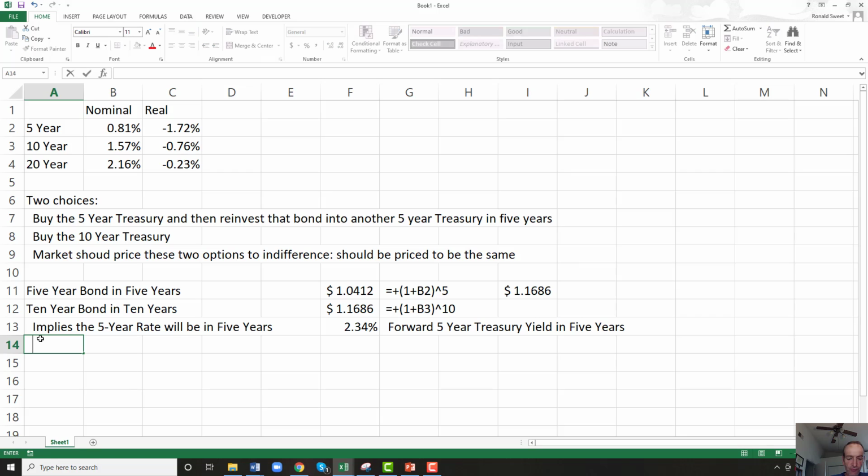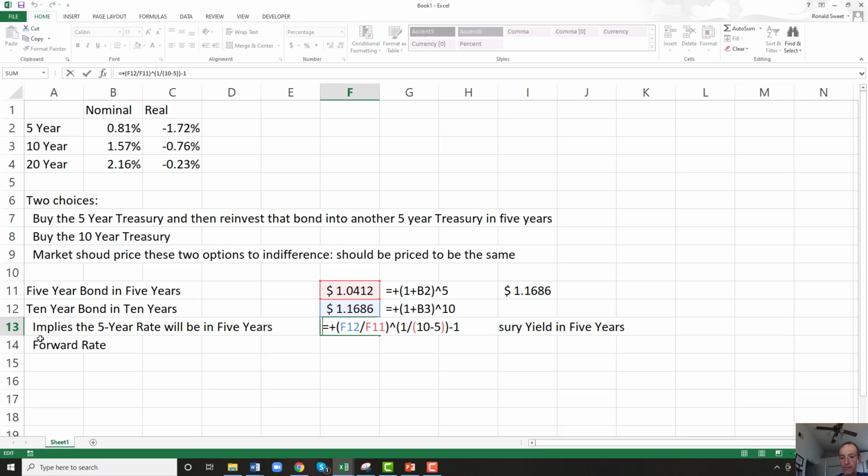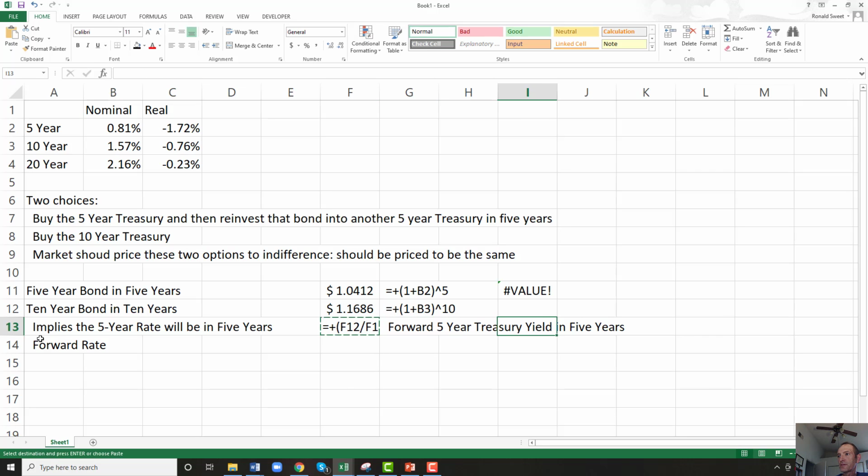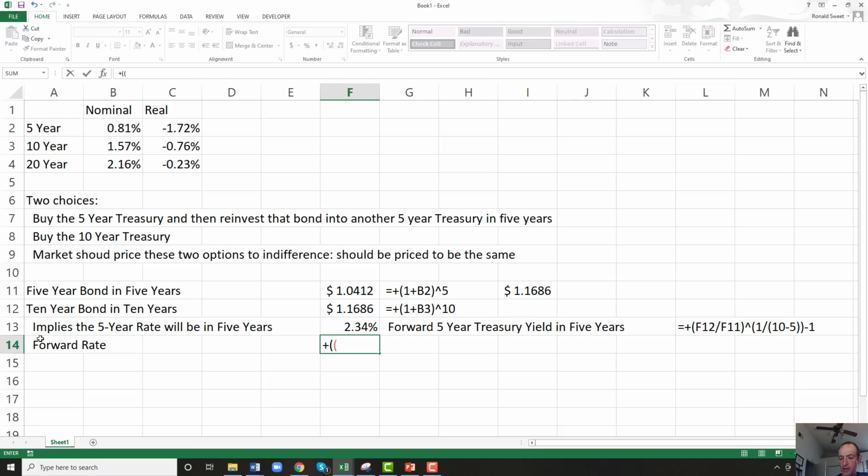Let me give you the actual forward rate formula. How do you do it? So here's the full formula. I'll put this formula over to the side so you can see it. But I'm going to show you the bigger formula. So the actual formula is you take 1 plus the longer period of time and you raise that to its period. So 1 plus the 10-year rate, raise it to the 10th. You divide that by 1 plus the shorter period, raised to its time.